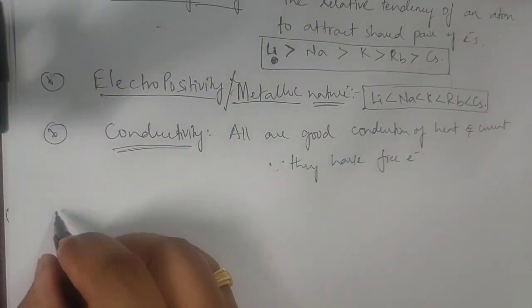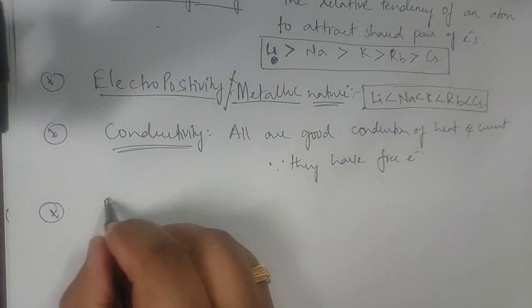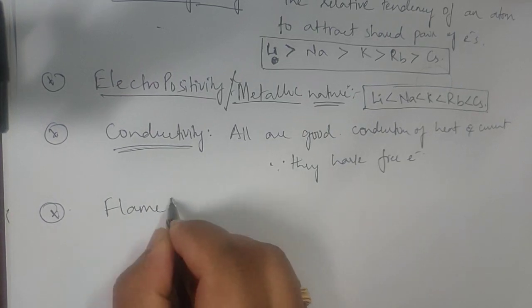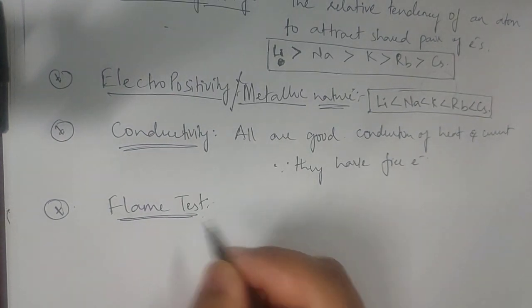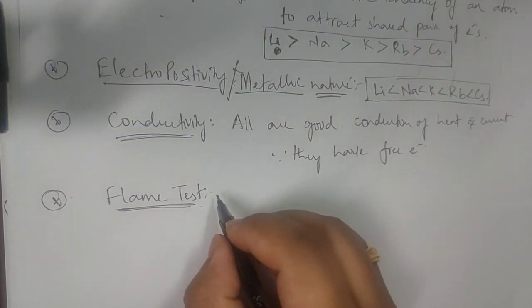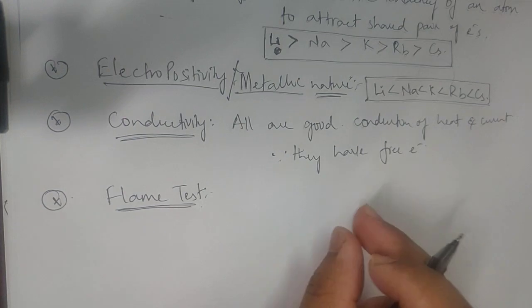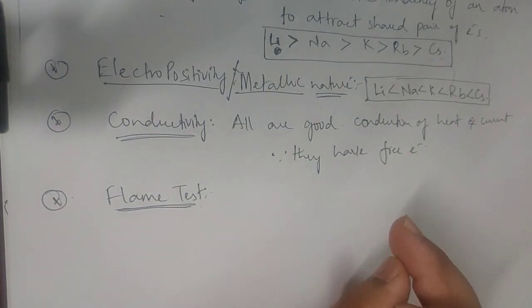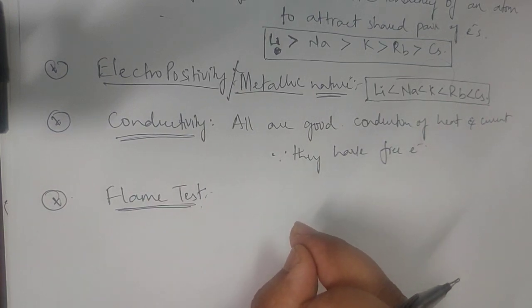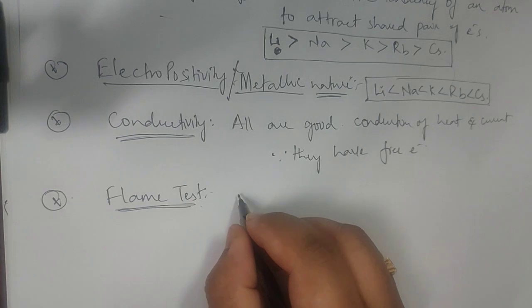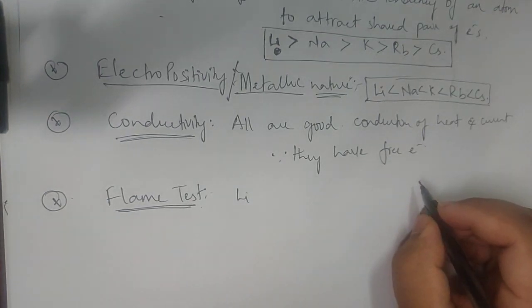Then after this we have something called the flame test. Now this thing you must know by heart. These are experimentally found values. When you take the metals, lithium, sodium, potassium, and burn them under a flame, they give color. So first of all, why do they give color?